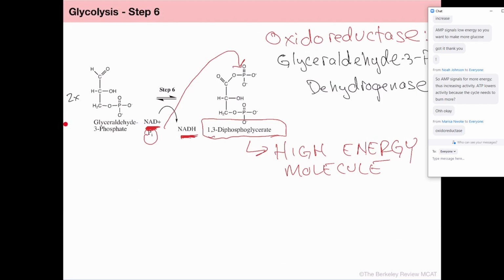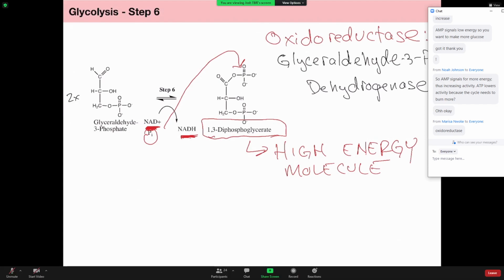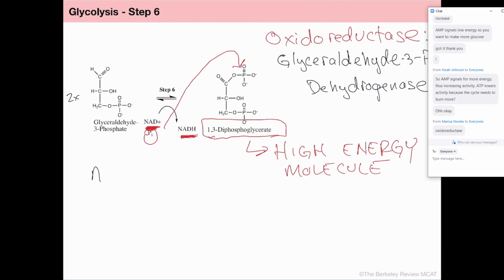Let me ask you a question now. What element is under phosphorus on the periodic table? This element called arsenic. And it turns out arsenic can look very similar to a phosphate.